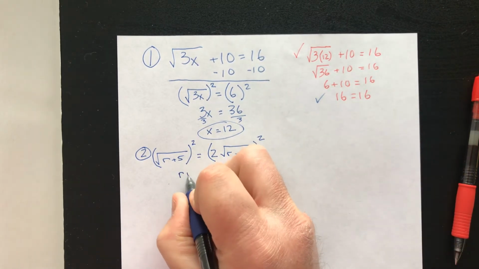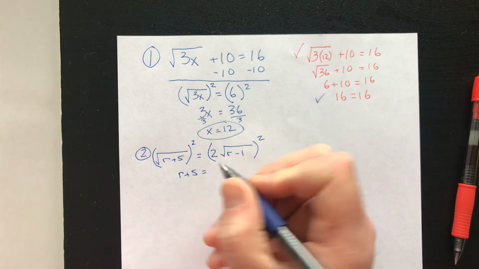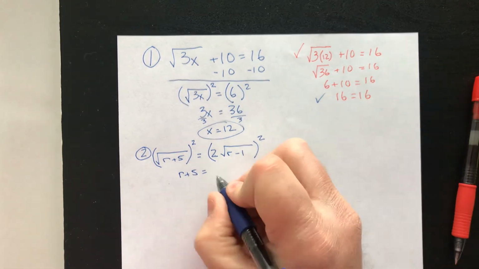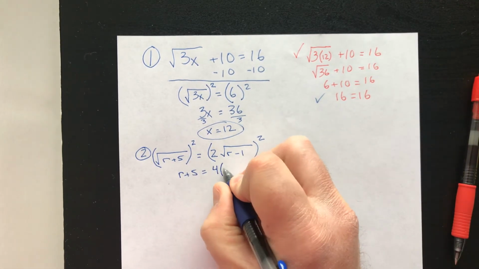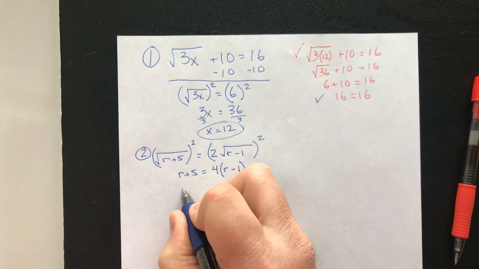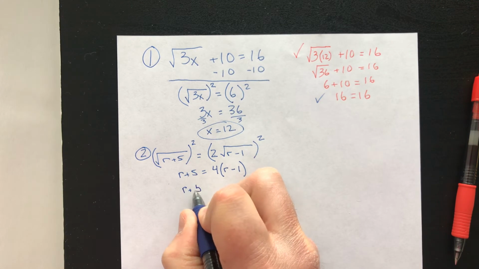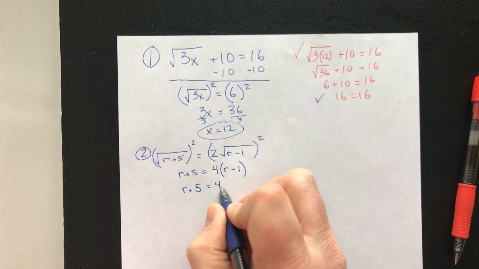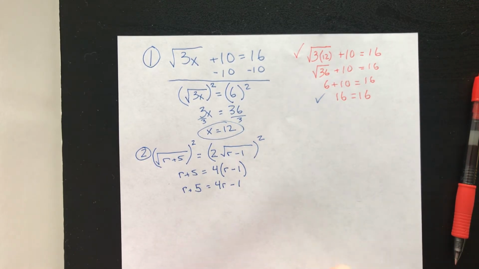So we now have r plus 5 is equal to, don't forget to square that 2. All right, and then we need to distribute this. So r plus 5 is equal to 4r minus 1. And then we just do normal math here.